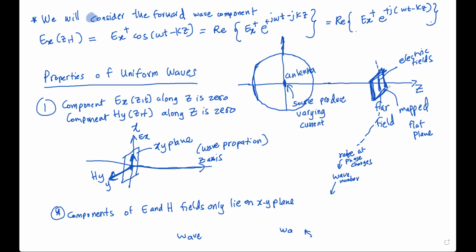However, once it reaches a far field destination where we have a plane-like wave front, then we have the electric field and magnetic field lying on a uniform plane wave, right? Apart from that, the amplitude of the electric and magnetic fields will be uniform, or will be equal, in that region where the wave is propagating.